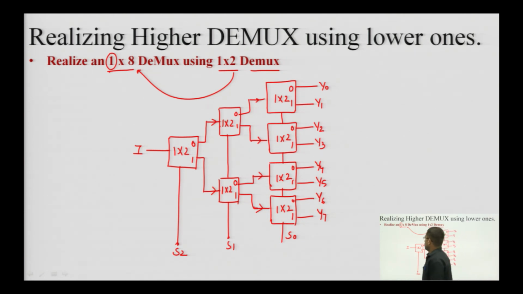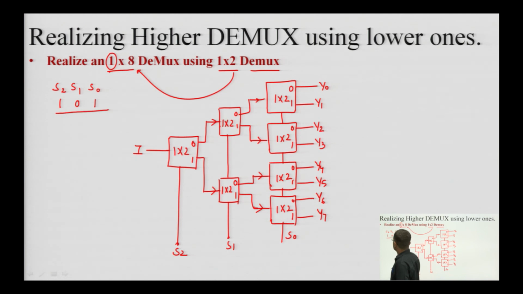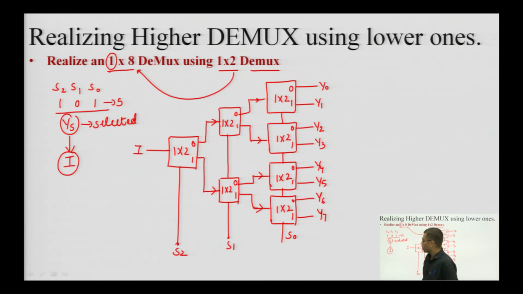So, this is the structure of a 1 cross 8 demultiplexer, which is being realized using 7 1 cross 2 demultiplexers. Now, let us take an example. If S2, S1 and S0 were selected with a particular value, let us take 101, which is equivalent to 5, that means Y5 should be selected and connected to I. Let us see whether we are getting this connection or not.